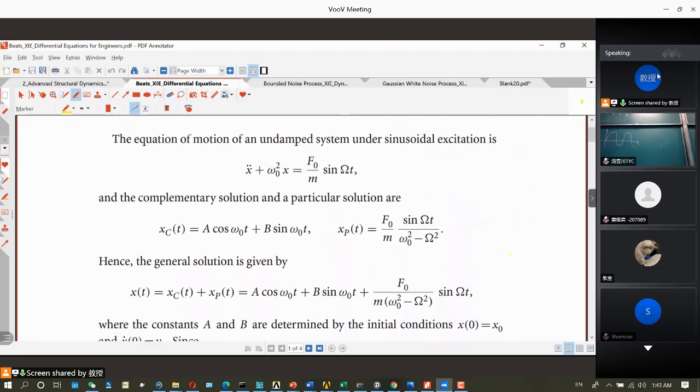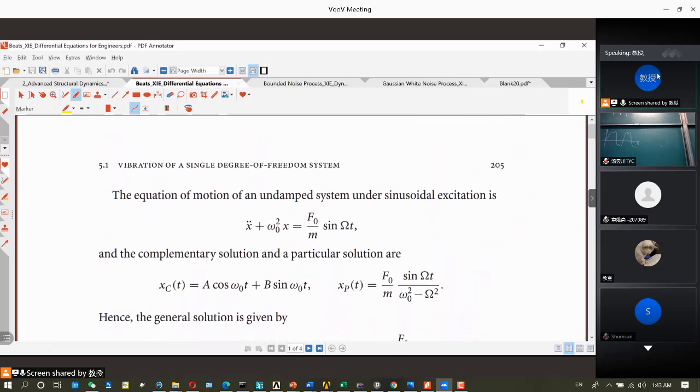Okay, to do this, we study a single degree of freedom system, undamped single degree of freedom system. Okay, so you have x double dot plus omega 0 squared x.